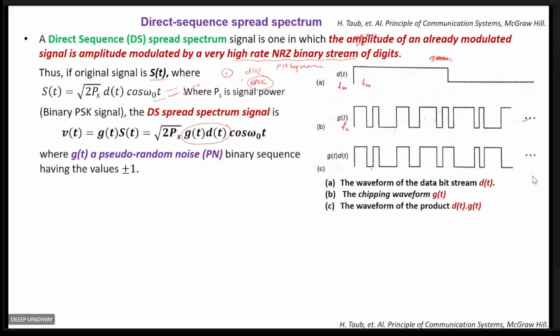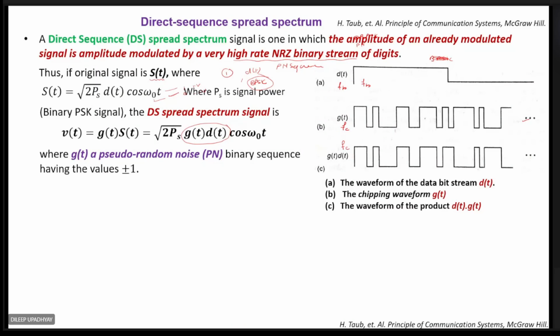And here also 1 and -1 will appear. Hence, if you talk about the bit rate of this multiplied signal, that is GT into DT, the bit rate of this one will be nothing but FC, because the bit is changing according to the pseudo random noise code. Okay, so the bit rate of this one will also be FC.